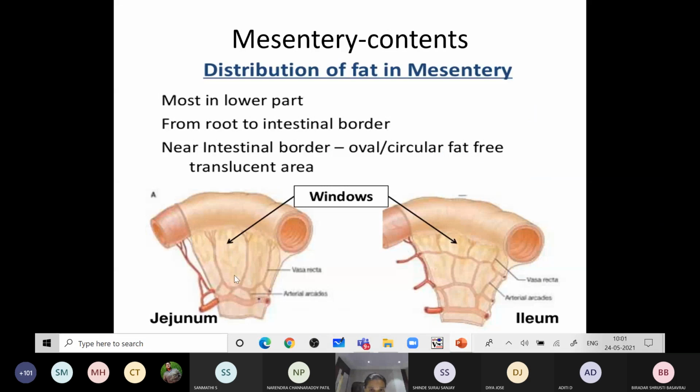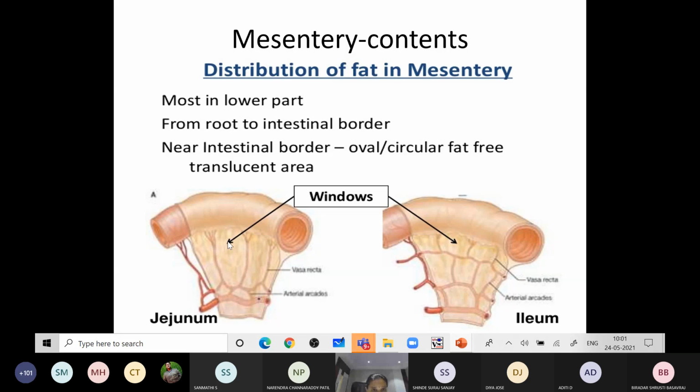Distribution of fat: in the jejunum, the distribution of fat is more near the root than the intestinal border, whereas in the ileum it is the same throughout. We can see windows, the translucent areas, when we hold the mesentery to the light.